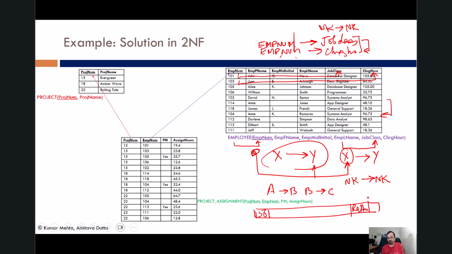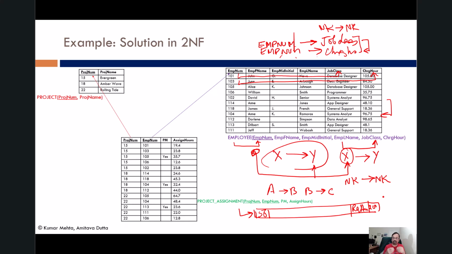So this employee is the only employee in my organization who is a requirements analyst. All right. Now, if this employee leaves, I would need to delete that employee's record 156, right? And what would be the unintended side effect of that? The unintended side effect would be that this requirement analyst position with this $200 hourly rate, that information would get removed also.